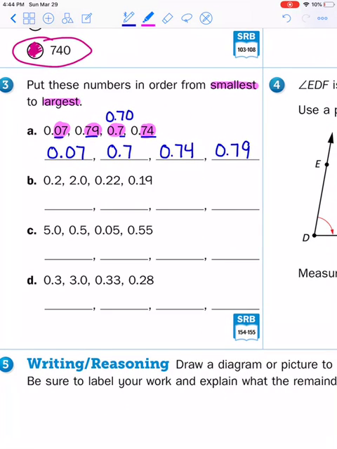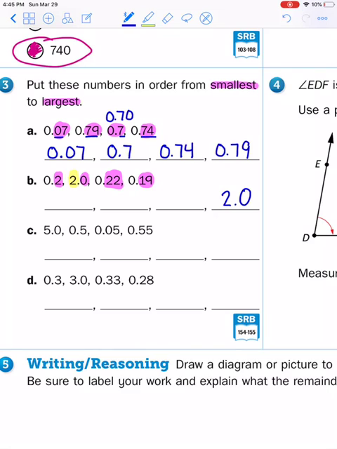Let's look at B. 2 tenths, 2 and 0 tenths, 22 hundredths, and 19 hundredths. So remember, for the ones that have no whole numbers, only focus on those decimal numbers, except for the one that is 2, because automatically that's going to be your biggest because it has a whole number.